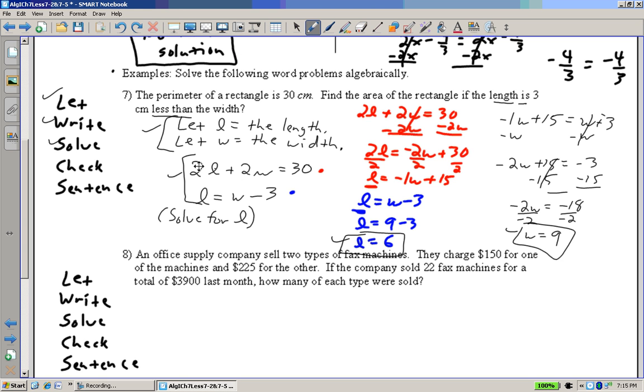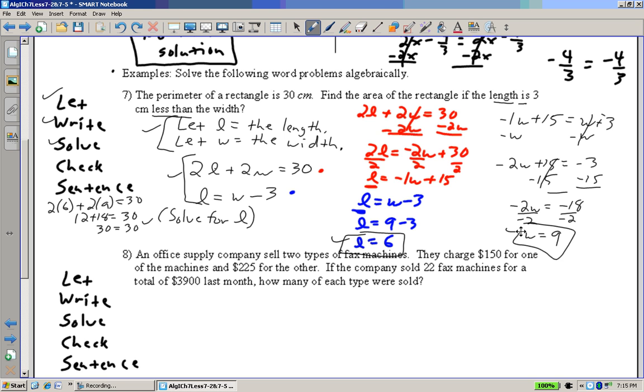Two lengths, so 2 times 6 plus 2 widths, which is 9, is supposed to equal 30. So that's 12 plus 18. Well, there you go. 30 equals 30. That's good.